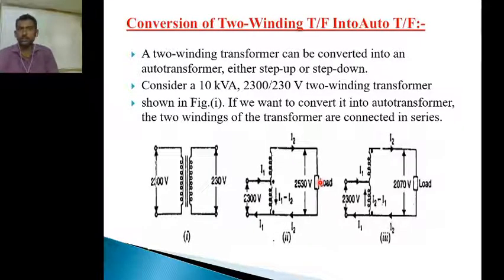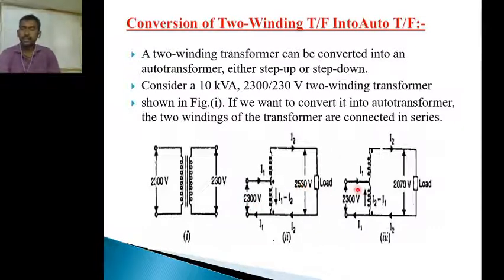If you use the additive polarity as shown in figure 2, then we get the step up transformer. That means the rating will be 2300 plus 230, that is 2530 volts on the secondary side, with the primary side at 2300 volts. That's why it is called a step up transformer.